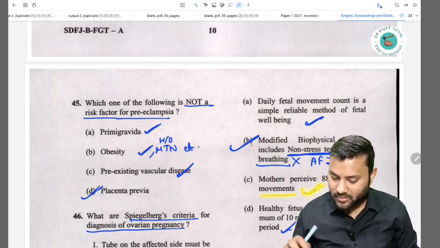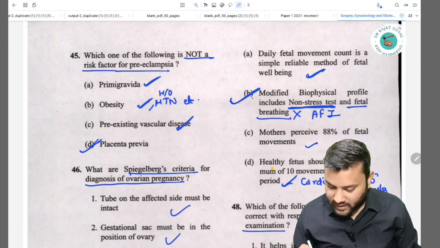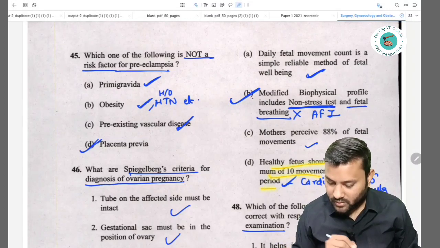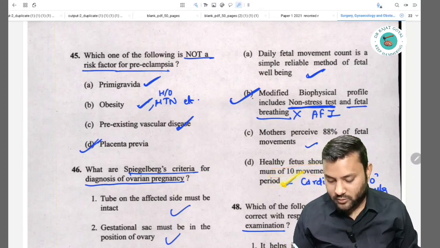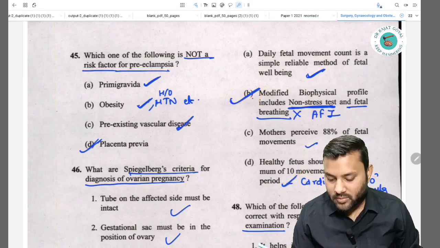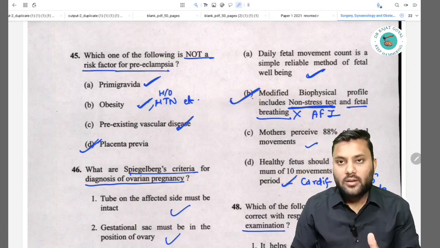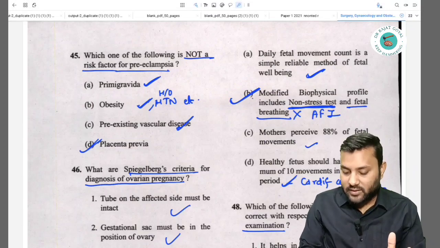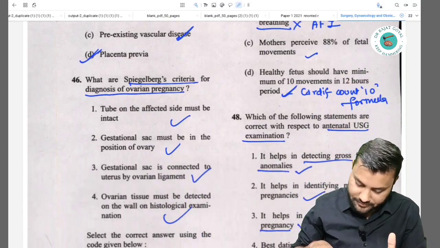Yes, this is also true. And a healthy fetus should have a minimum of 10 movements in a 12 hour period. This is also true. So here the incorrect option is option B, because in the MBP, the modified biophysical profile, NST and AFI are there, not the breathing.